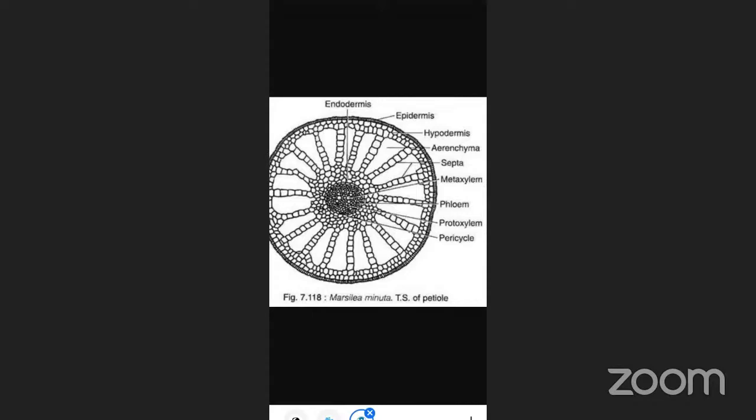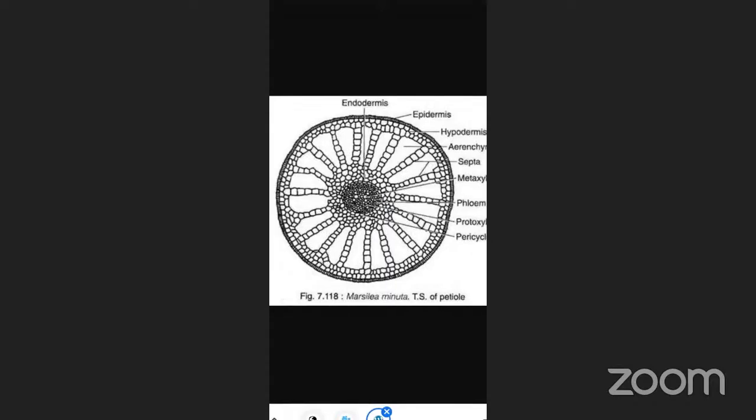In the middle of each strand, one or two largest tracheids form the metaxylem, and the smaller tracheids form the protoxylem, situated towards the outside, making the xylem exarch. The xylem is surrounded by the phloem. So this is the petiole. Petiole is also there in your section cutting.